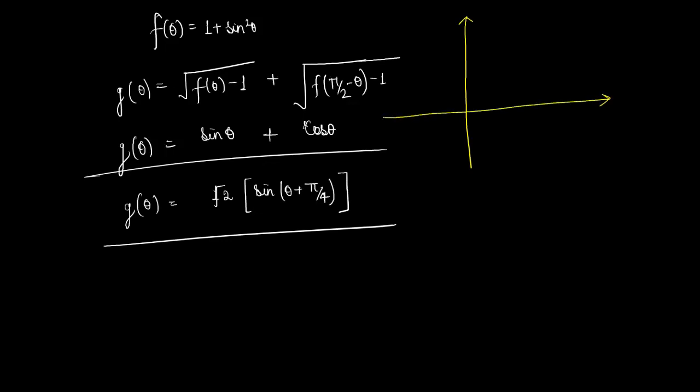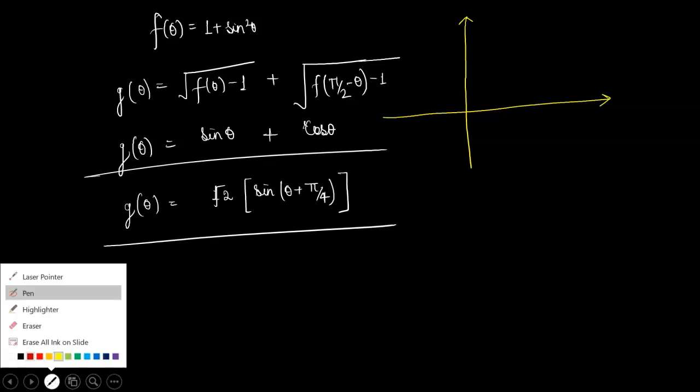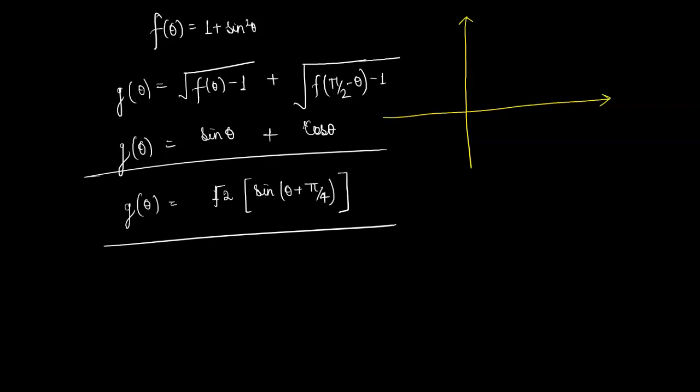It will look like this. Since at minus pi by 4 sine is going to have 0 value, it will shift towards the left, and the graph is going to look like this, with minus pi by 4, like this.